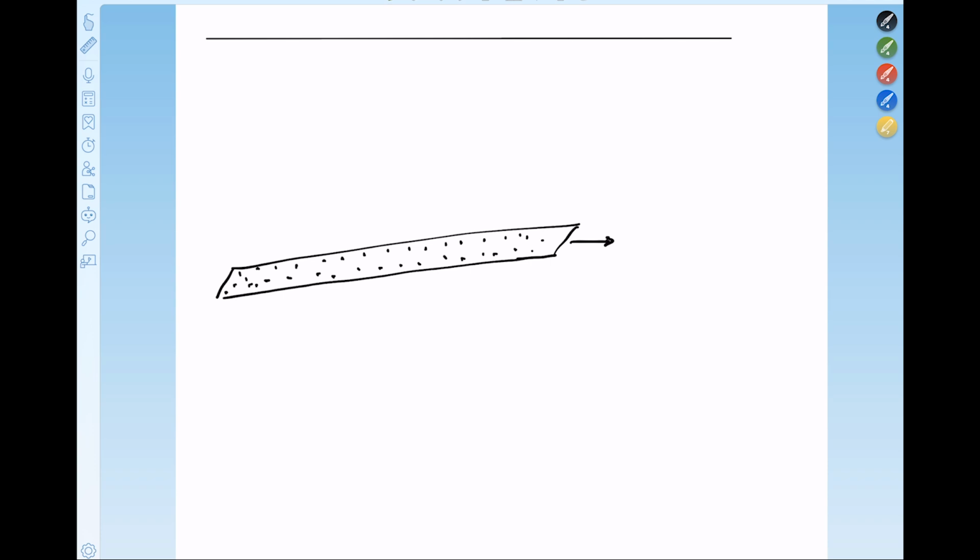Then we have a glider, all right? So I'm going to show a glider here. A glider is something that can easily glide. It has two sides, one side is the other side of an air track that you can't see from here. But then the other thing that we have is a flag on top of this glider. And we will provide you with the width of the flag.